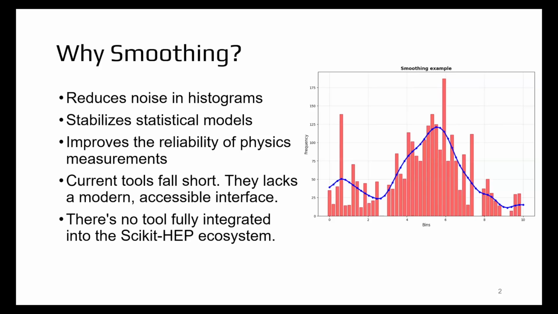To extract better results from histograms, we use smoothing, but we have a problem that there are very few tools for it. The tools that exist are not user-friendly, hard to install, and poorly documented.